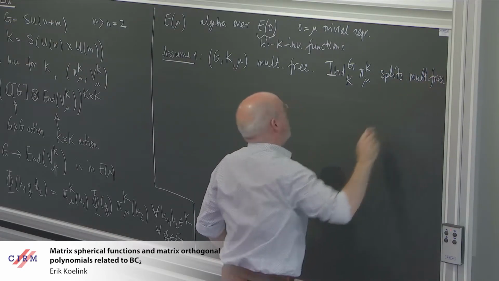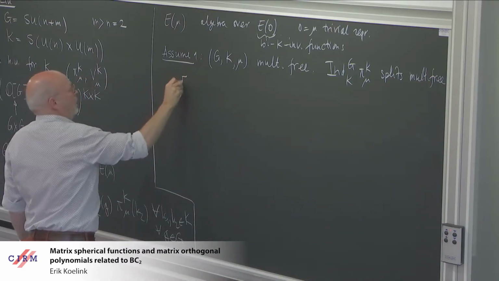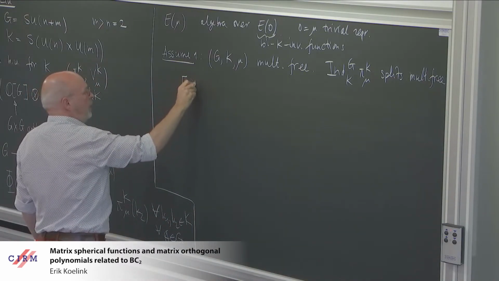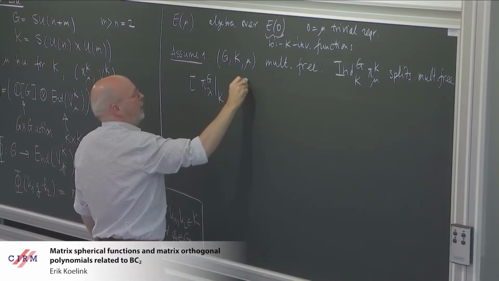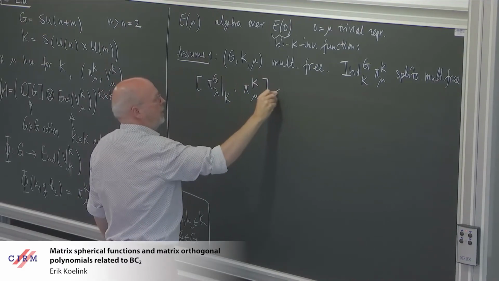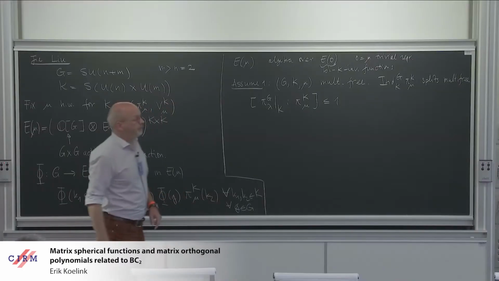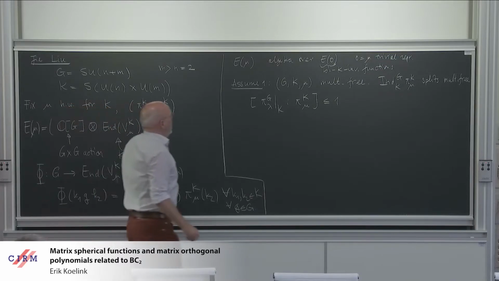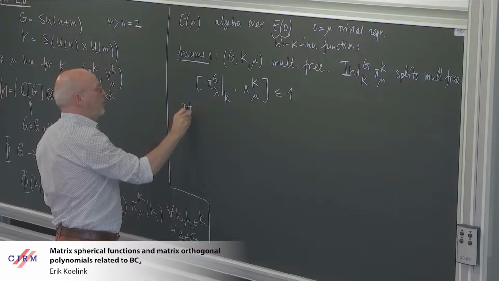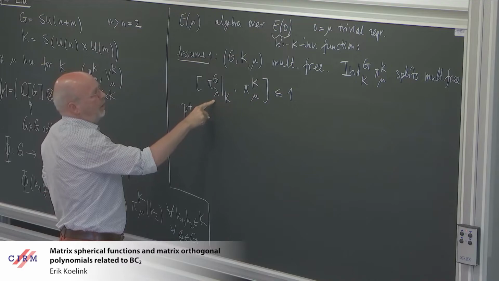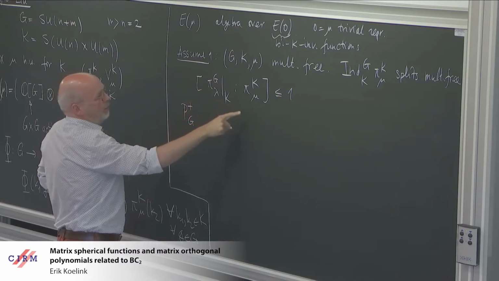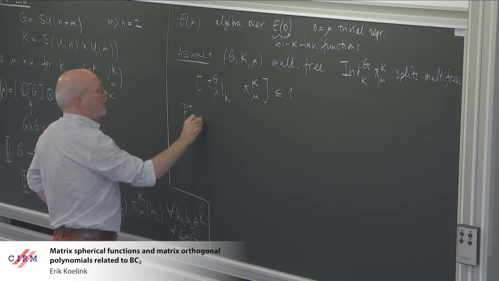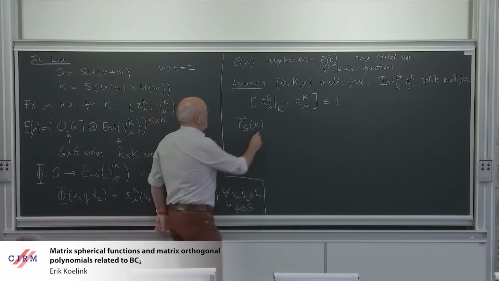So that's our assumption. And so that means that if I take any highest weight representation of G, restricted to K, it will have this representation at most once. And let's also introduce some notation. The highest weight representations with highest weight lambda of G, for which this multiplicity is actually 1, we denote by P plus of G at mu.